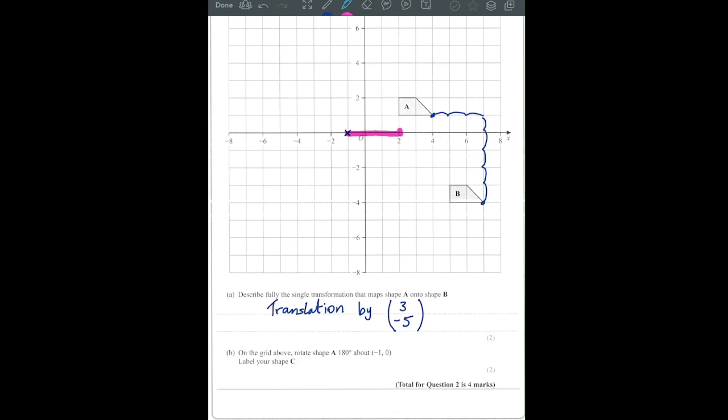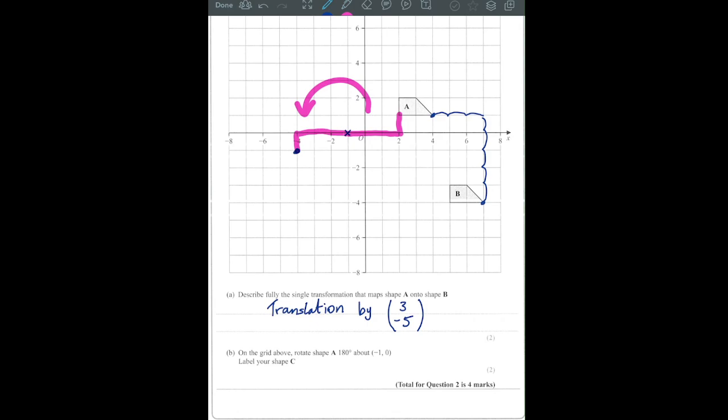Without graph paper, what I like to do is draw myself an L shape towards the corner, and then it's much easier to visualize what that L shape would look like if it rotates round 180 degrees. This L shape was 3 then 1, which will go 3 then 1. So that bottom corner would land over here.